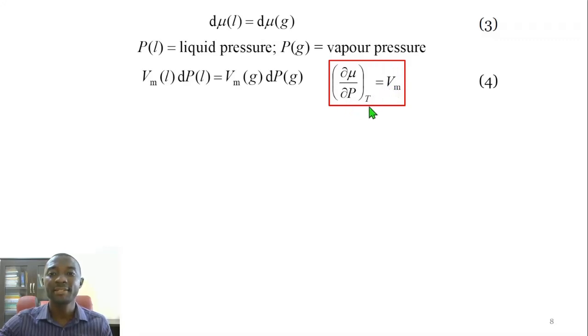On the basis of this, we express this in terms of molar volume to have this expression, and this in terms of molar volume to have this expression. So this is the molar volume of the liquid times the small change in pressure of the liquid, which is equal to the molar volume of the vapor times the small change in the pressure of the vapor.